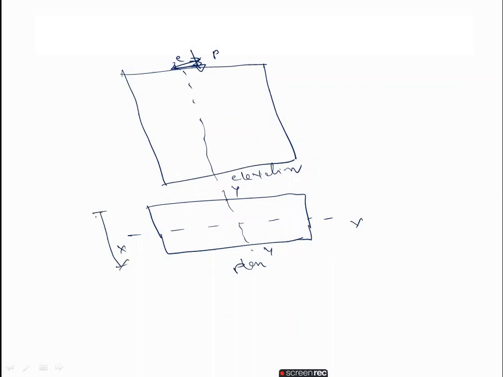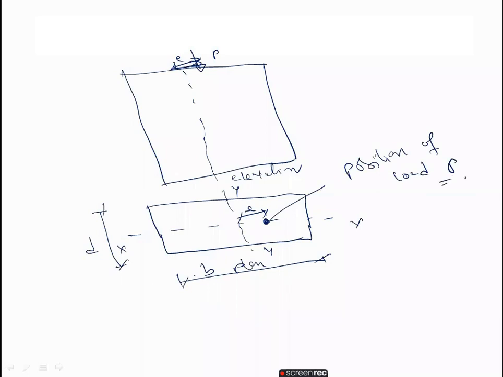This is the depth of the column D and the width of the column is B. Now the load is acting at this point and the distance is E, the eccentricity. Here I will write, it is the position of the load P.